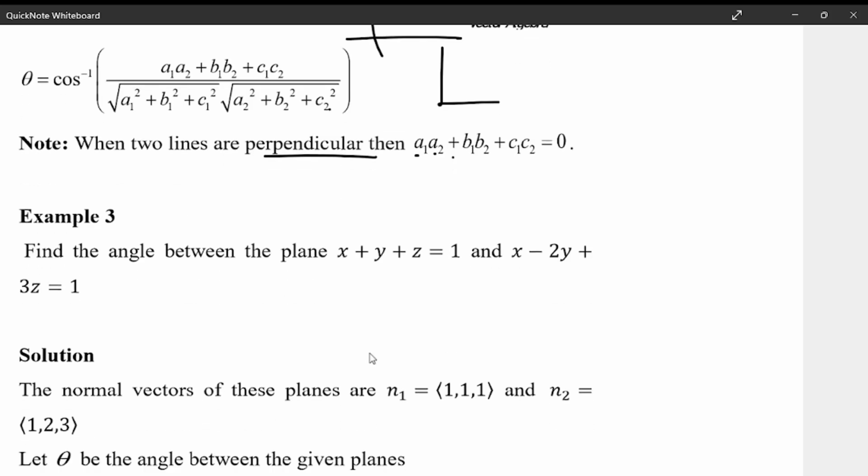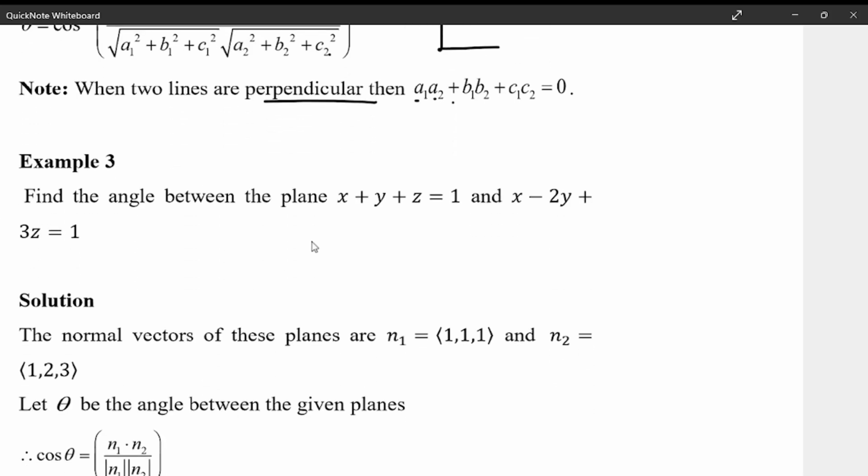Now let's take a question. Find the angle between the planes x plus y plus z equals 1 and x minus 2y plus 3z equals 1. The normal vectors of these planes are n1, which is 1, 1, 1, and n2, which is 1, negative 2, 3.